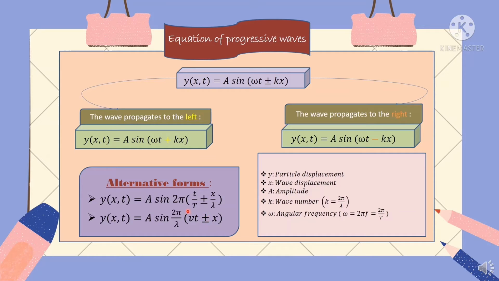So basically, we have 2 pi in bracket small t over capital T here from the equation for angular frequency. And for this one, we got it from wave number. And v is the velocity of the wave.